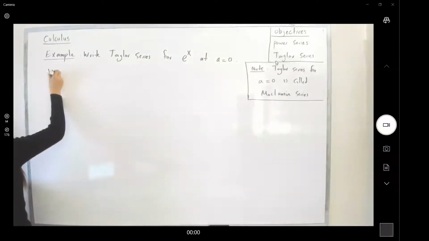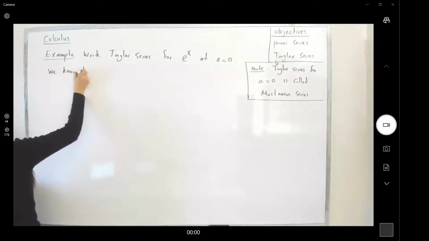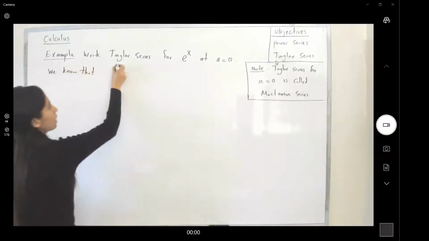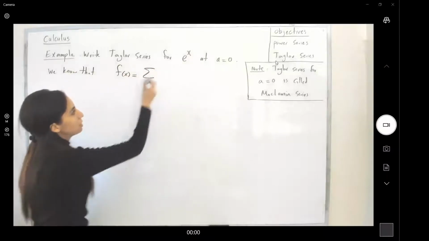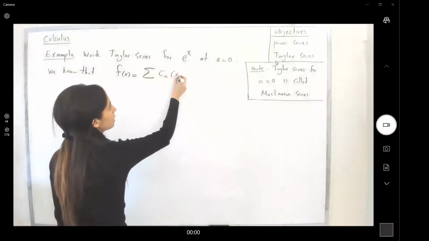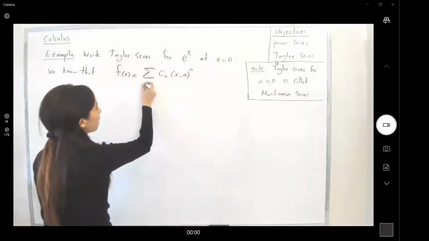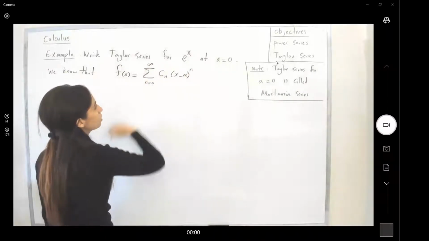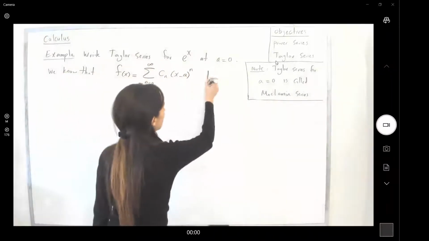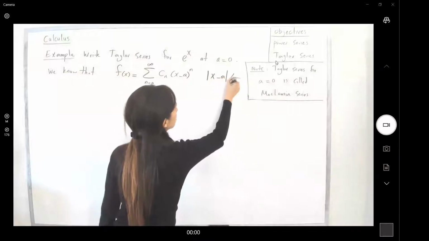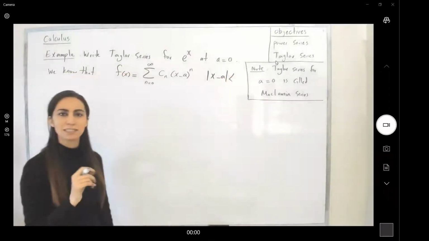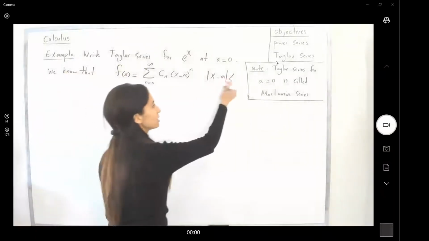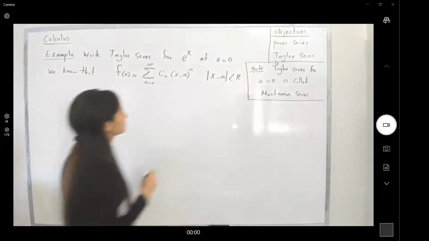We know that f of x is equal to the sum Cn (x minus a) to the power n, starts from 0, goes to infinity, and the absolute value of x minus a, or the distance between x and the center, is less than r.